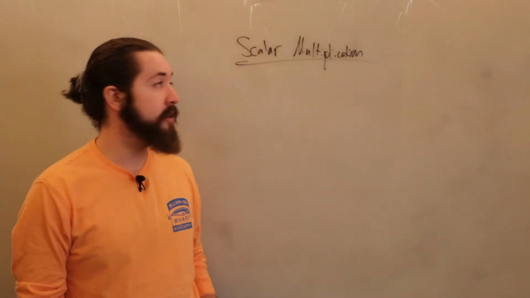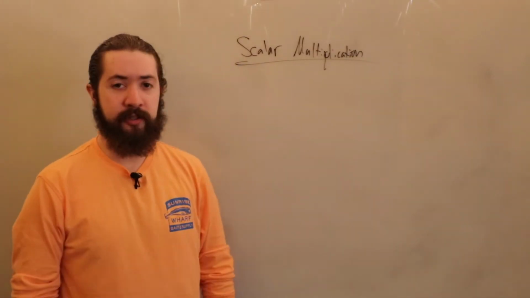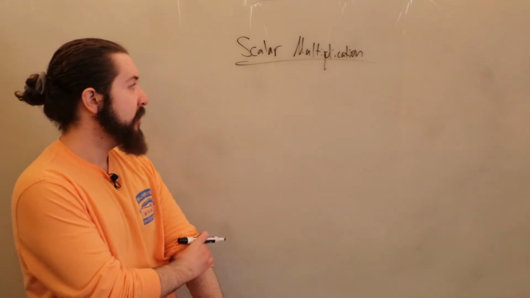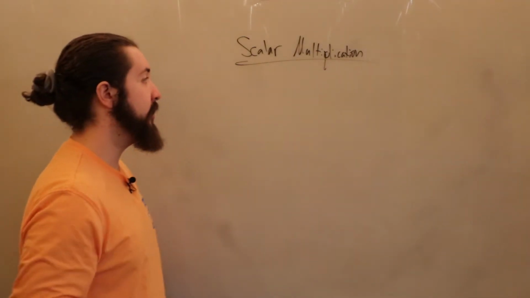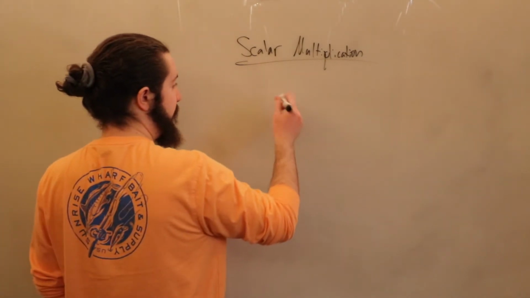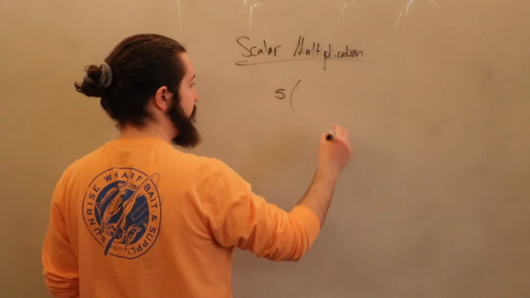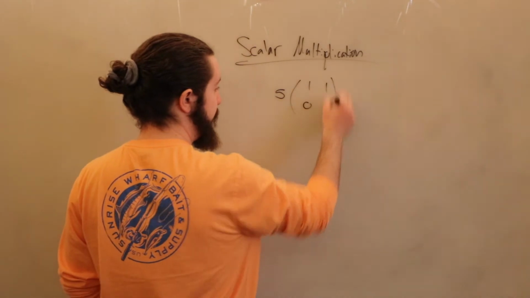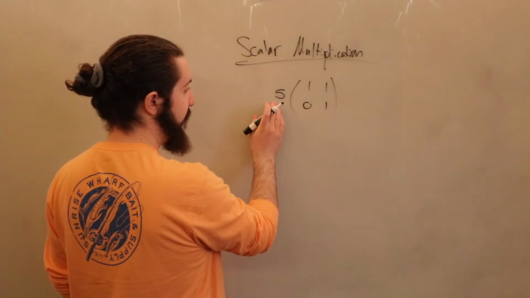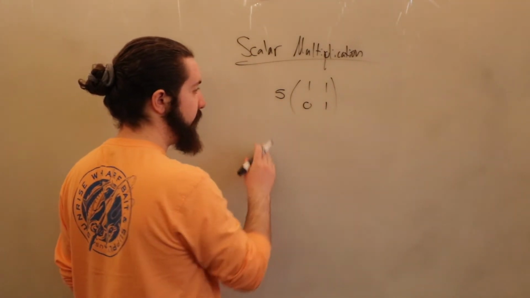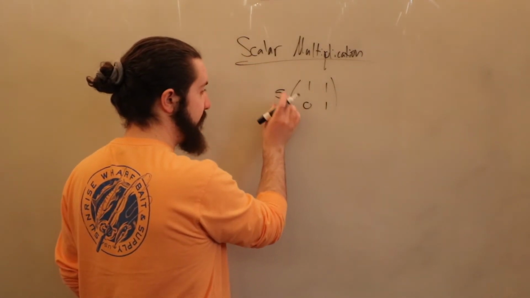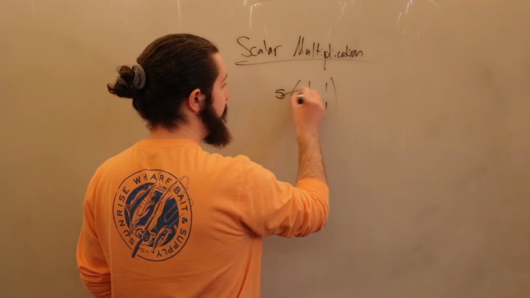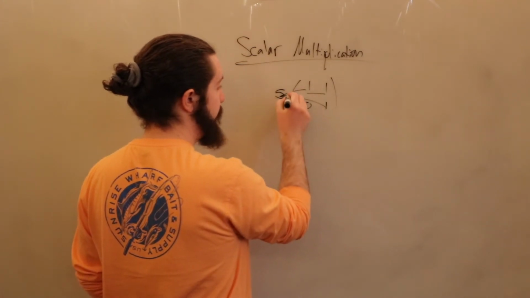Next major operation, scalar multiplication. What do we mean by scalar? Well, it means we're multiplying a matrix by something which is not a matrix, namely a number. And this is going to come in handy later, especially if you study linear algebra. But we can scale a matrix, if you will, and hence the name scalar. We're scaling all parts of it by the same amount, just simply by multiplying each entry by this number.